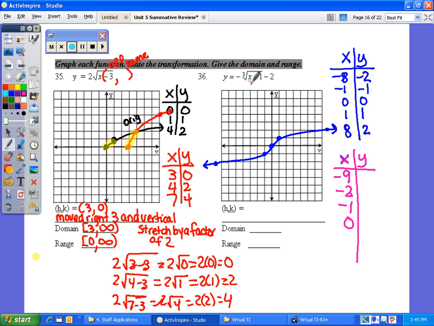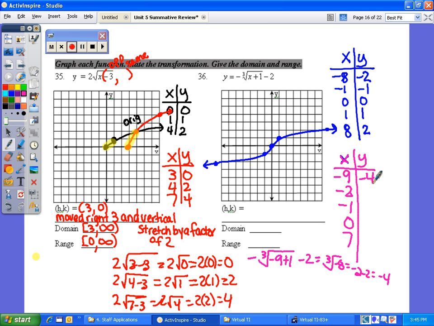And then what number do I need to plug in there? Be 7. So now I got to work it out, just like I did here. So negative cube root of negative 9 plus 1 and then minus 2. That's equal to cube root of negative 8, which is negative 2, minus 2, which is negative 4.